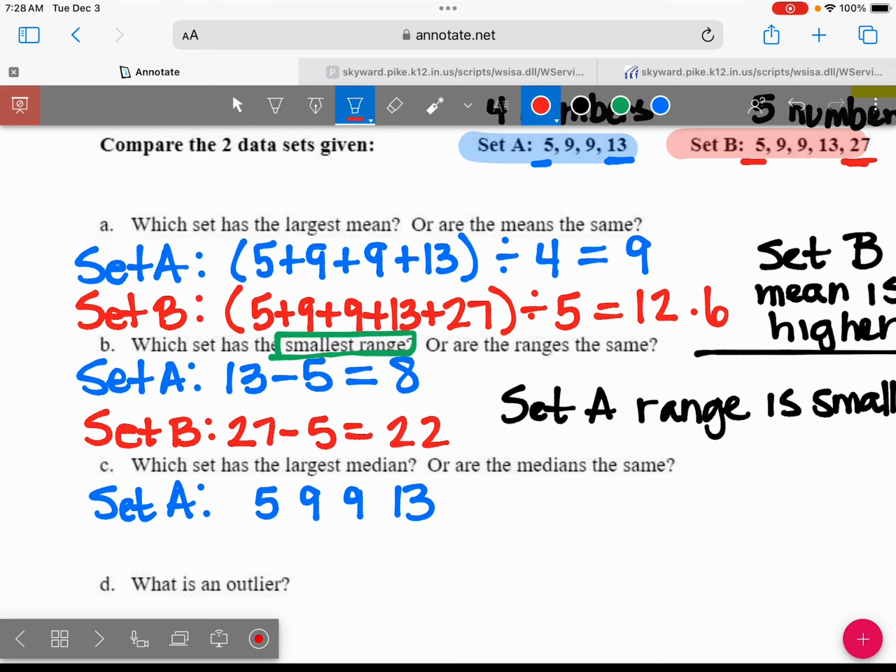Whenever there are two numbers in the middle, we need to take the average of these two numbers. So if you take 9 plus 9, you get 18, and 18 divided by 2 is 9. So set A has a median of 9.